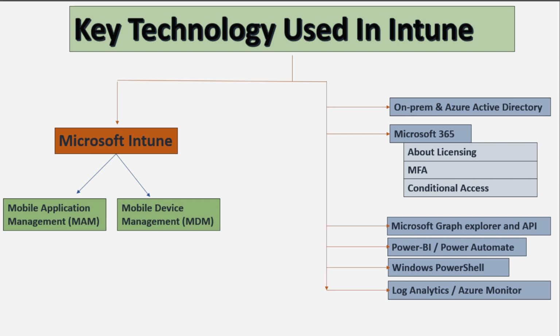We should have a good knowledge of Microsoft Graph Explorer and APIs. For reporting purposes, we should have a good knowledge of Power BI as well as Power Automate. To simplify day-to-day activity and automate processes, we should have a good knowledge of Windows PowerShell. And last, we should have a good knowledge of Log Analytics and Azure Monitor.